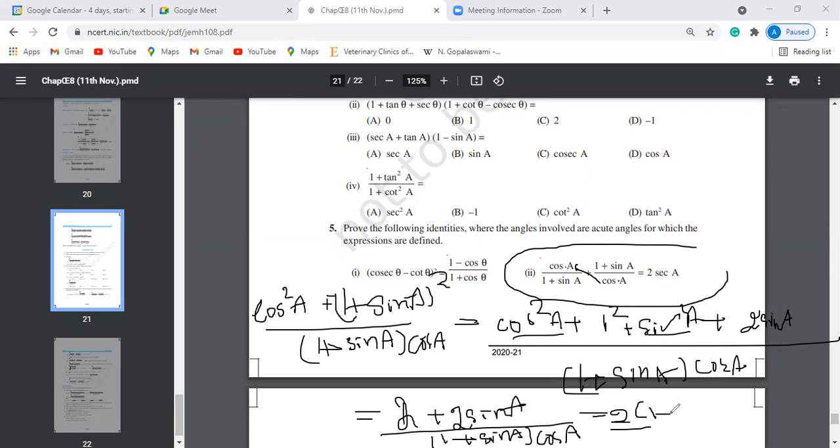So what will you get? 1 plus sine A divided by 1 plus sine A into cos A. So this and this cancel, so you will get 2 divided by cos A. That is nothing but 2 sec A, right? 1 by cos A is nothing but sec A. So you have proved this problem. Did you understand?